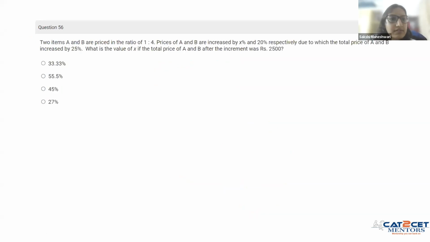Now two items A and B are priced in the ratio of 1:4. So let's assume this is P, and this is 4P. This is increased by X% and this is increased by 20%.